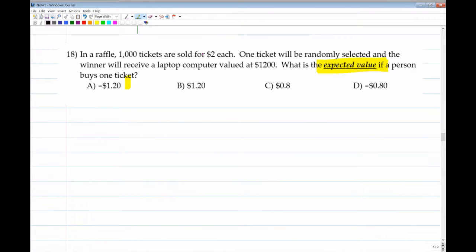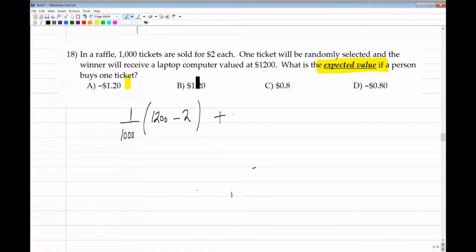If one person buys one ticket, that's 1 out of 1,000, that's the probability. Then the probability that person could win a computer worth 1,200. But since he has to play the game, we take $2 off from the winning prize.